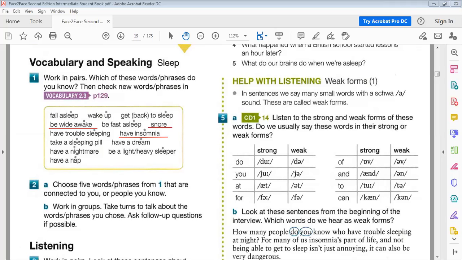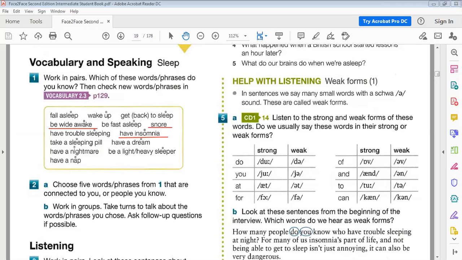And then we have the word snore. So snoring is the sound that some people make when they sleep. Maybe they have a problem with their neck. Maybe the pillow is not suitable. Maybe the problem is with their nose. Maybe they are old. Maybe they're overweight.